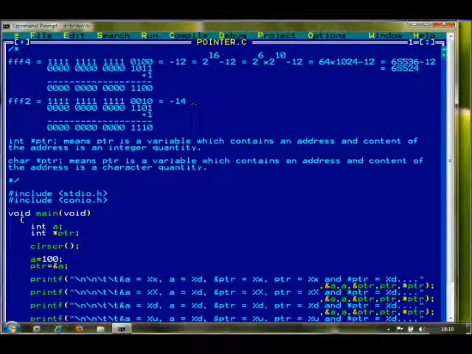Now here what am I getting? It is nothing but 2 to the power of 16 minus 14. That is 8 plus 4, 12 plus 1, 13 plus 1, so 14. So it is 65536 minus 14. What is that? 65522.